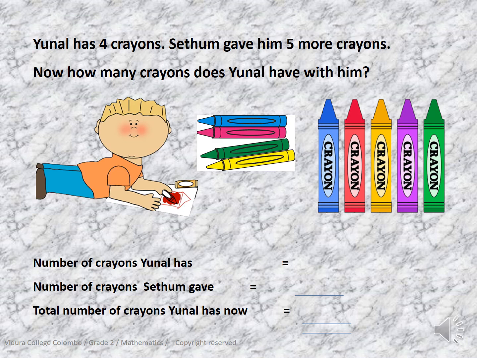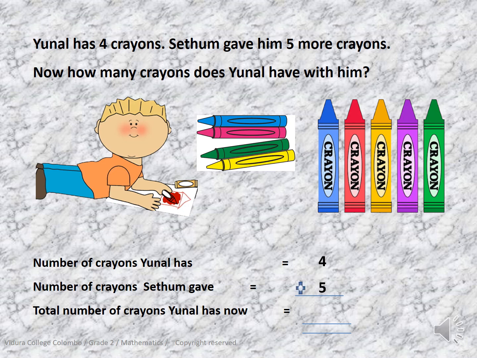Number of crayons Yunal has. How many crayons did Yunal have before? Yes, 4 crayons. And now see, number of crayons Setum gave. 5. Setum gave 5 crayons.